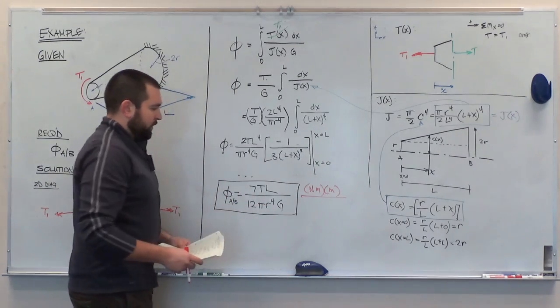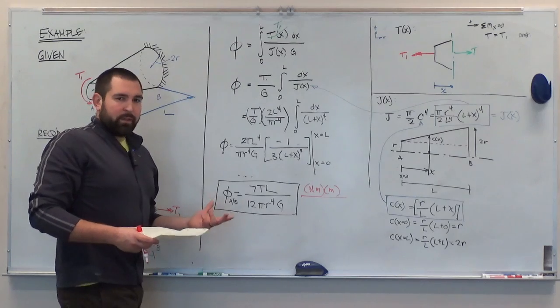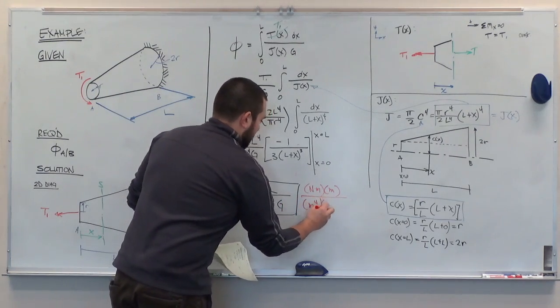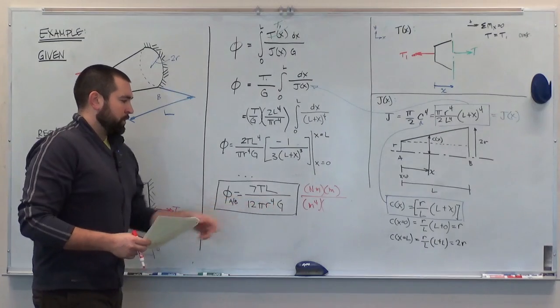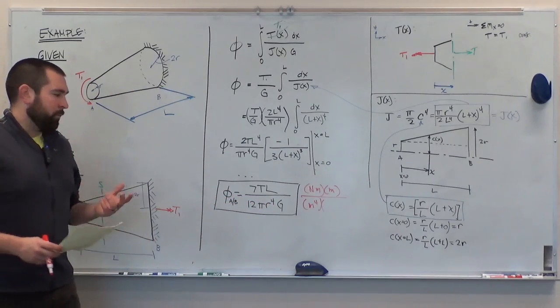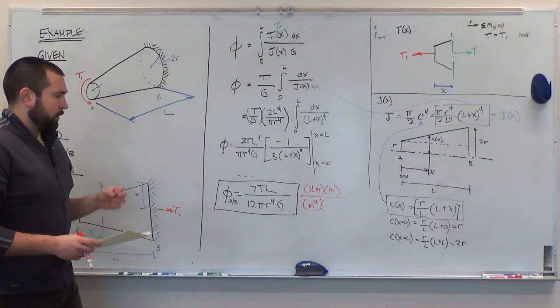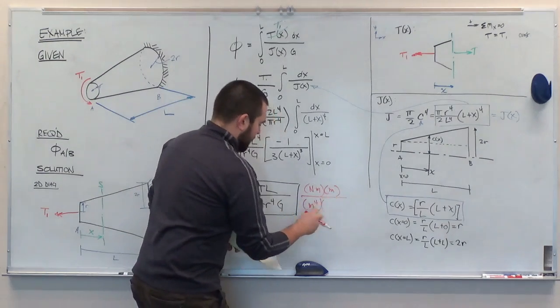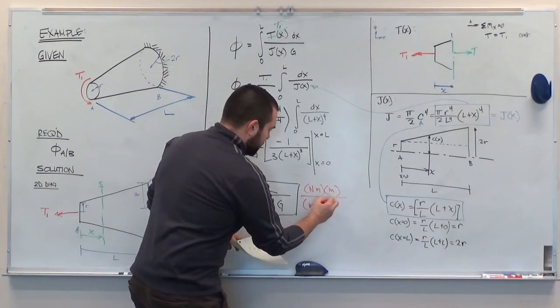Radius to the fourth: radius is distance in meters, so it'll be meters to the fourth. And then the shear modulus, or the modulus of rigidity. That's the same units as we have for the modulus of elasticity, which is pascals or newtons per meter squared.